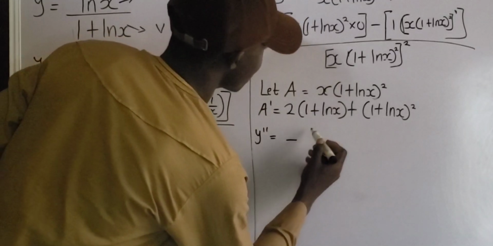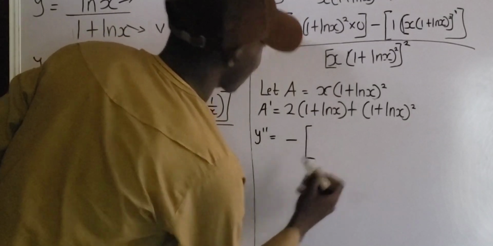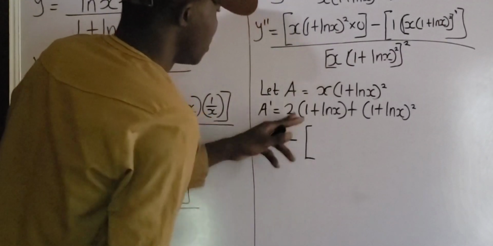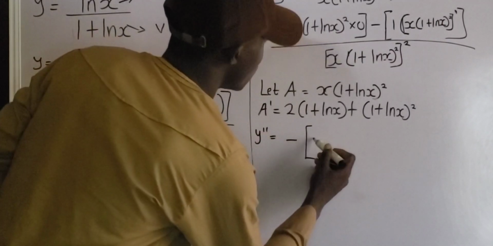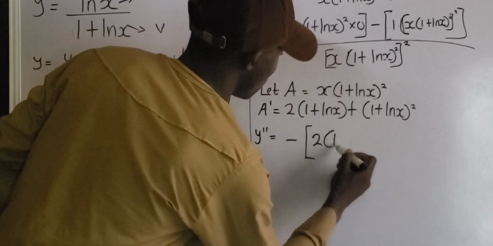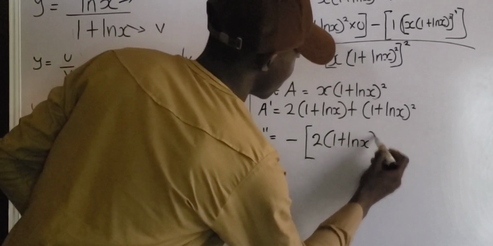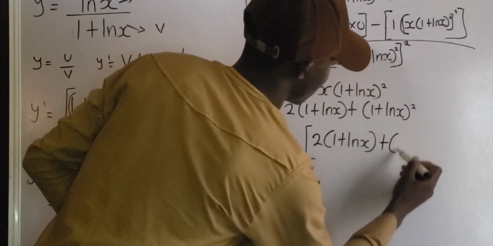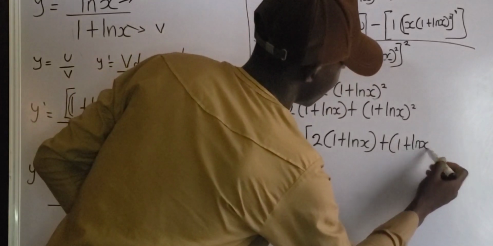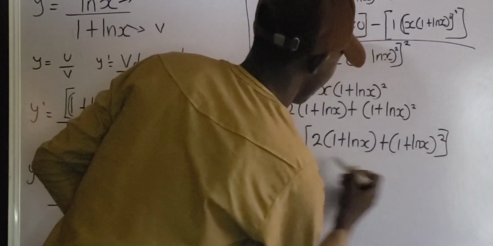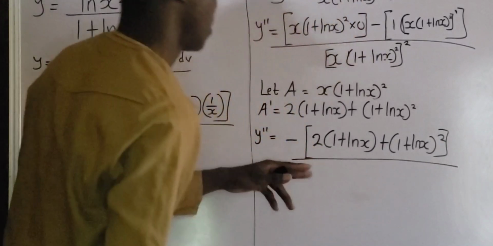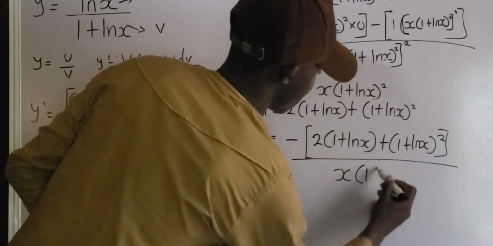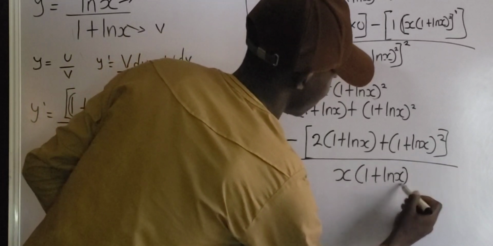I'm going to have minus 1 multiplied by the derivative of a, which is 2 into bracket 1 plus ln x, plus (1 plus ln x) raised to the power of 2, all over this square, that is, [x into bracket (1 plus ln x)] raised to the power of 2.